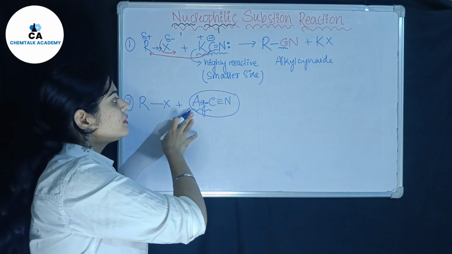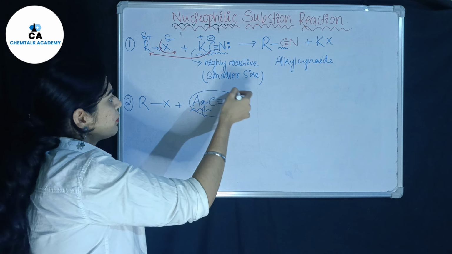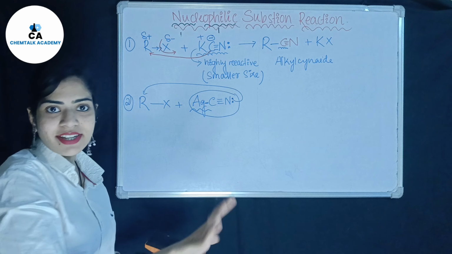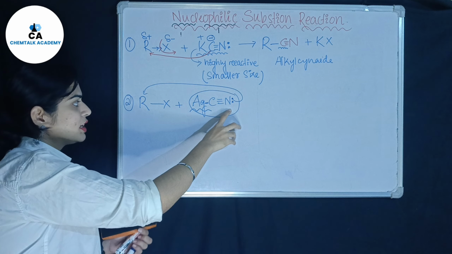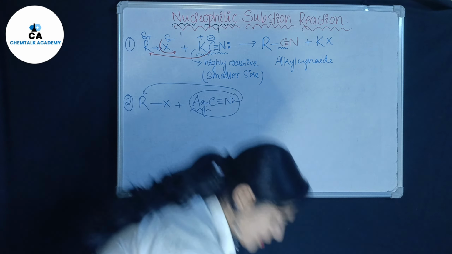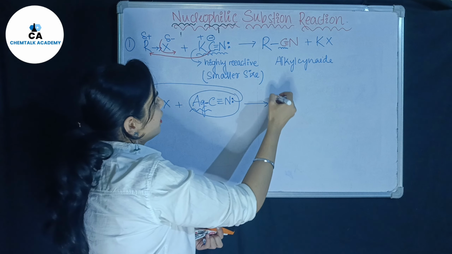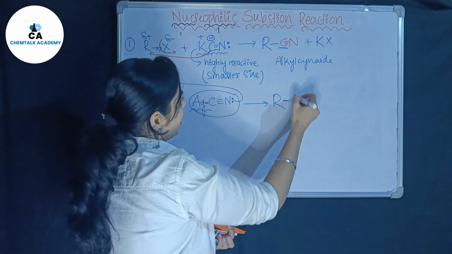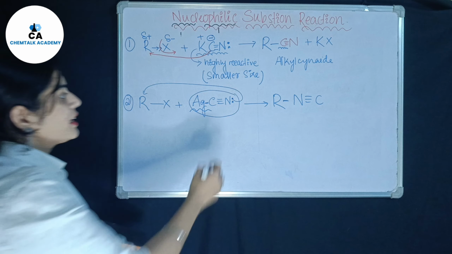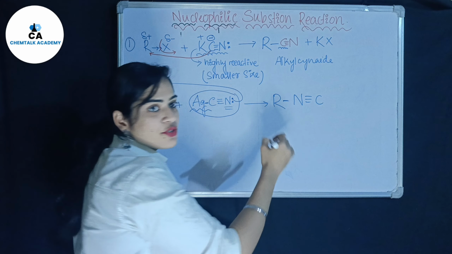Who is free now? Nitrogen is free, so the attack will be from nitrogen. CN will attack, but the linkage will be from nitrogen. So in the product we are getting R, N triple bond C, with the linkage from nitrogen. So this is our isocyanide.